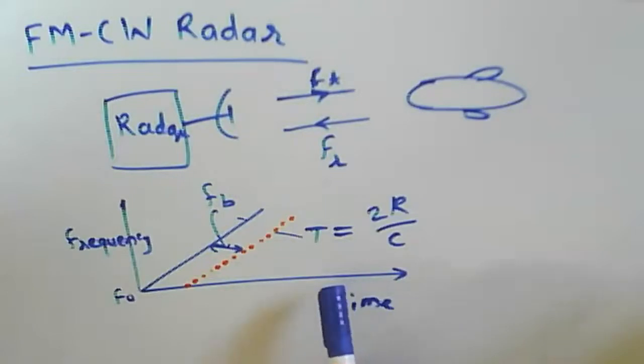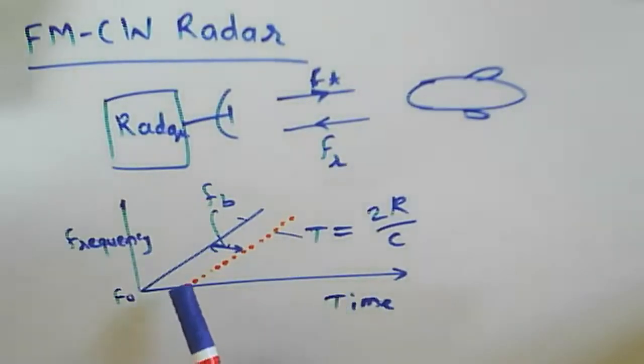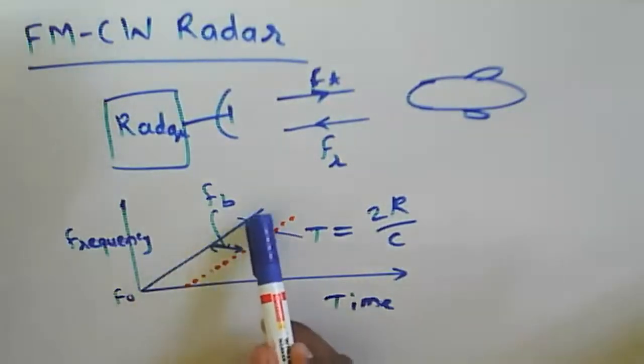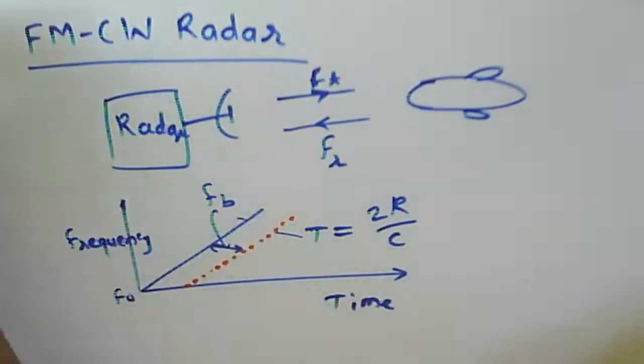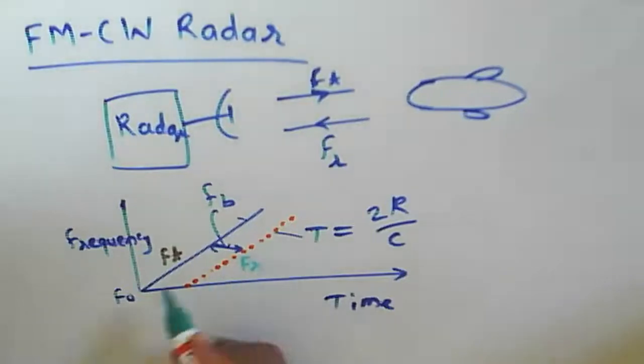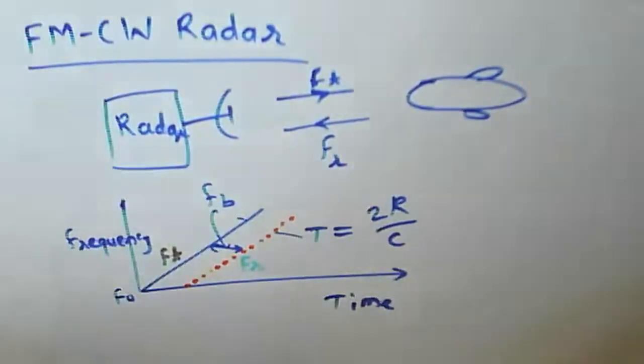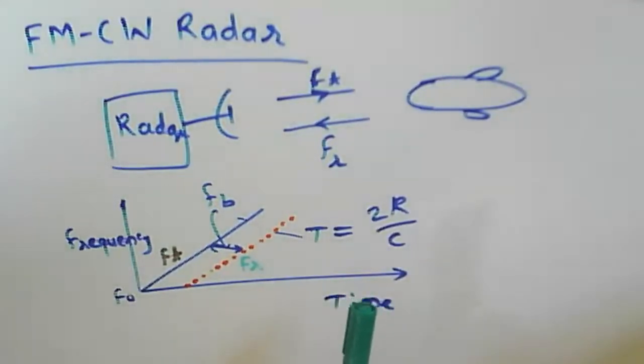If you observe here, this transmitting frequency is shown in this line, so this one is your transmitting frequency signal, and this one is the received signal, or you can say the echo signal. Now the transmitting frequency signal changes with respect to time. Similarly, we have a receiving frequency signal, which again changes with respect to time.